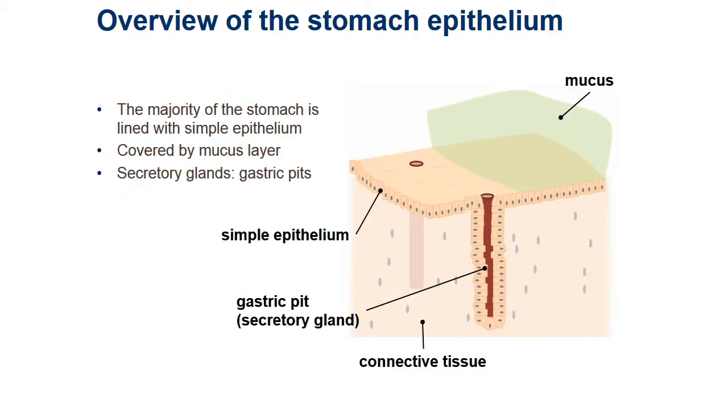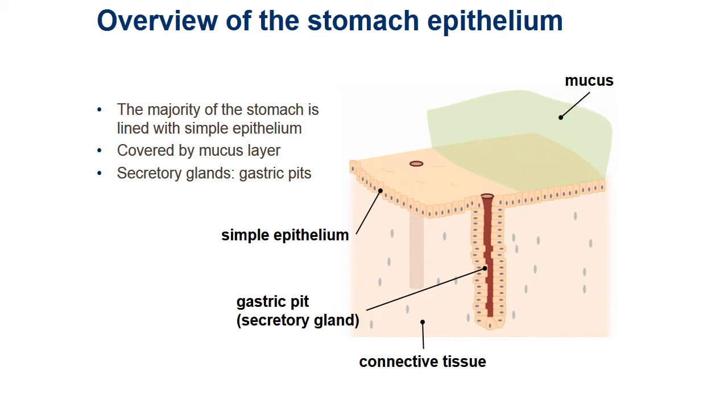So here you see an overview of the epithelium in the stomach. The epithelium in the stomach contains a single layer of cells, so it's simple epithelium. And these cells are covered by a gel-like substance which is called mucus.